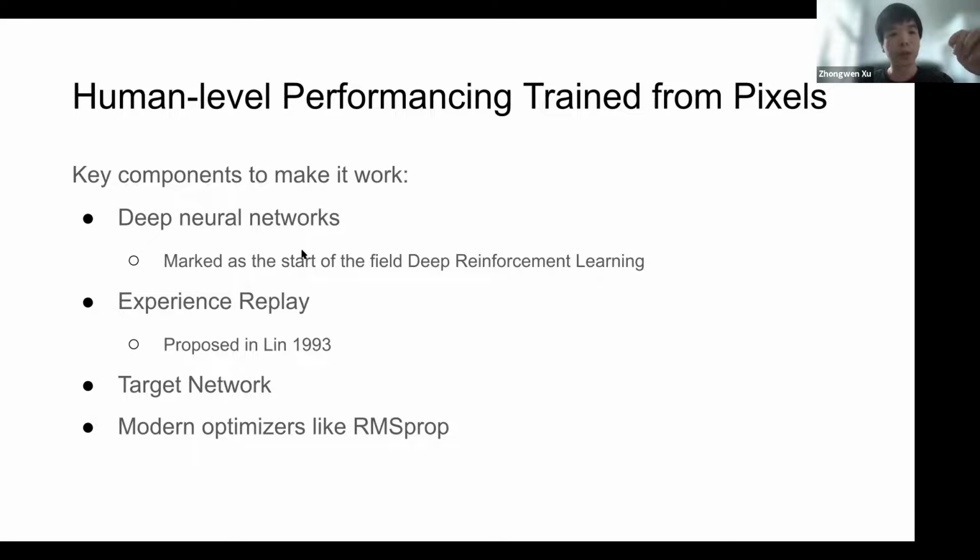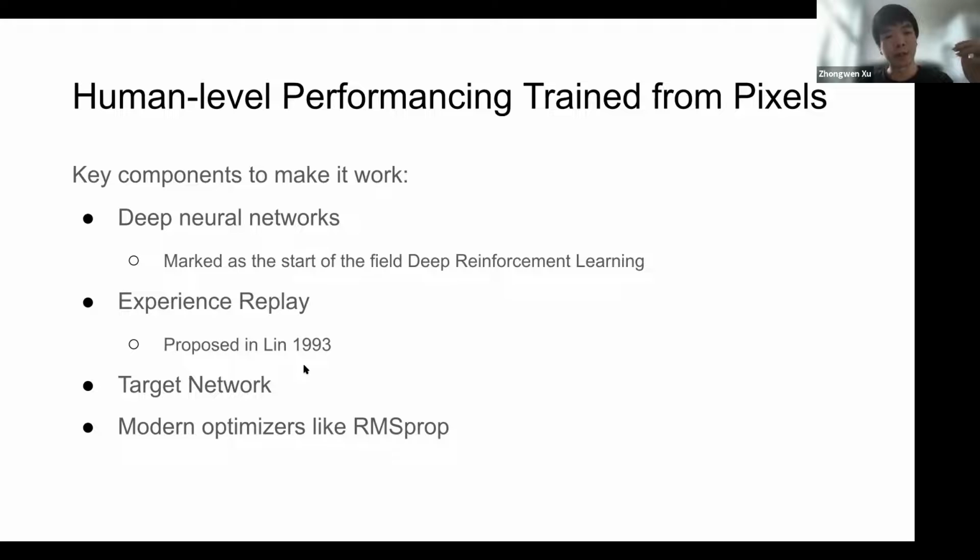The first one is to use deep neural networks. As I mentioned, it is marked as the start of the field of deep reinforcement learning. It wasn't the first paper to combine neural networks with reinforcement learning, but it was the first to show that, learning from pure pixels, the agent can achieve human-level performance. The second idea is experience replay.